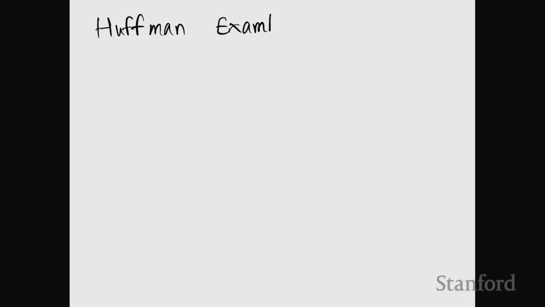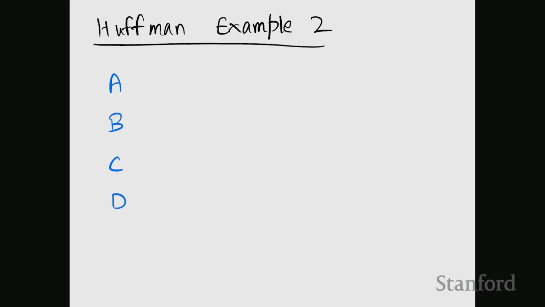So this one will be more interesting. Again, A, B, C, D, and this time there are 5 symbols: 0.35, 0.25, 0.2, 0.12, 0.08.